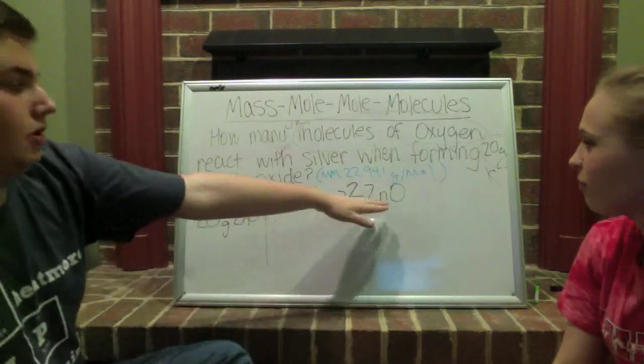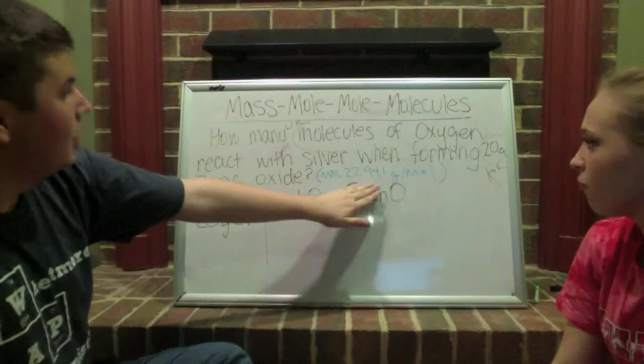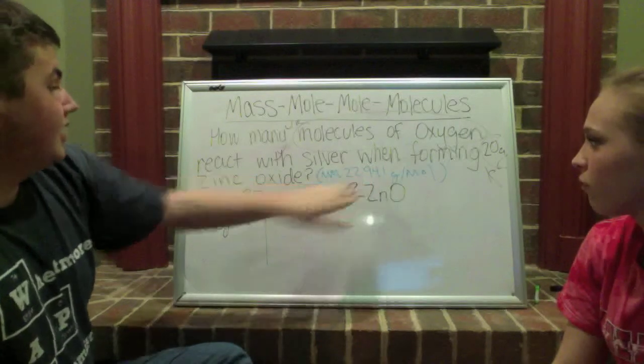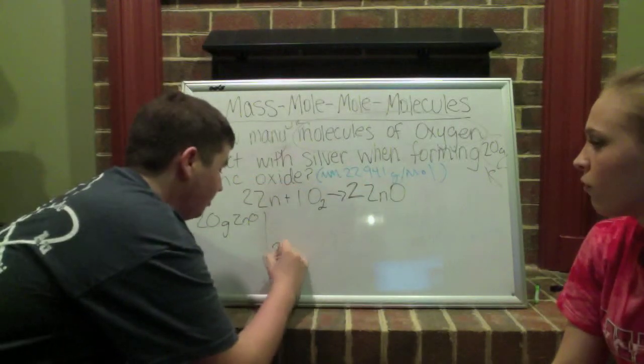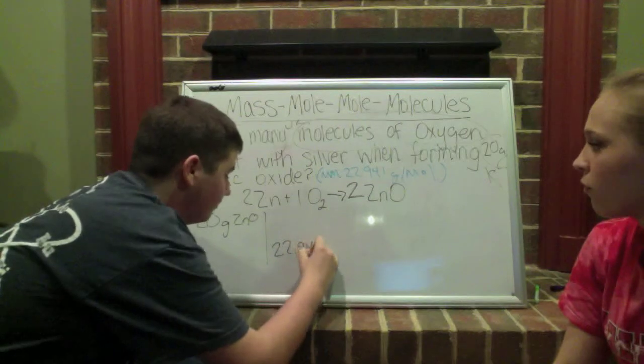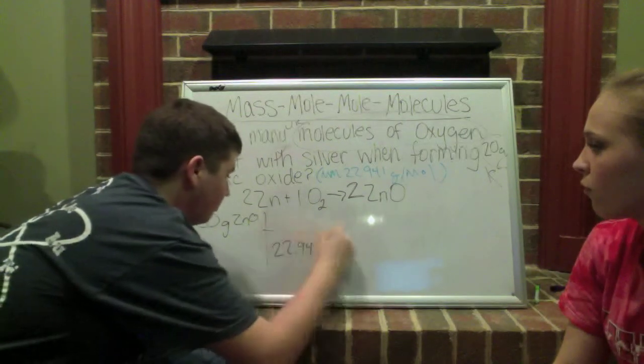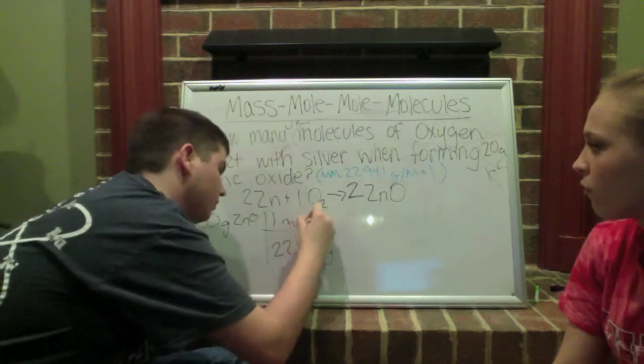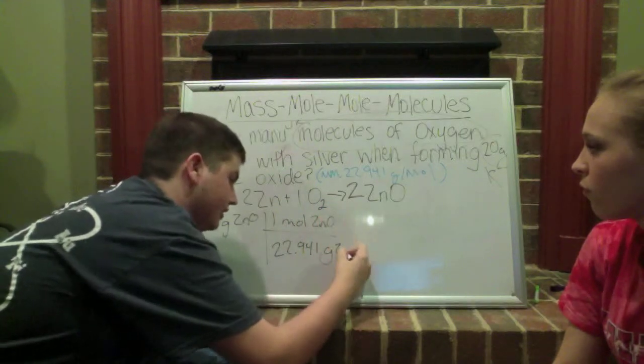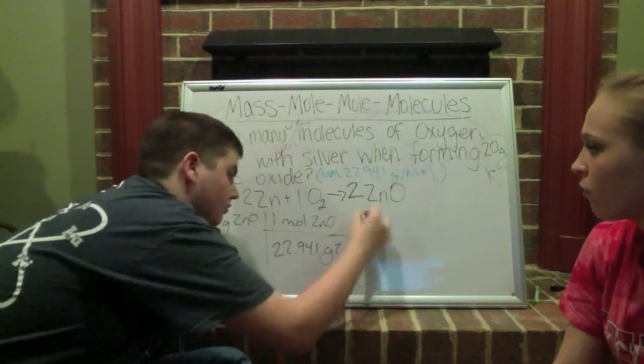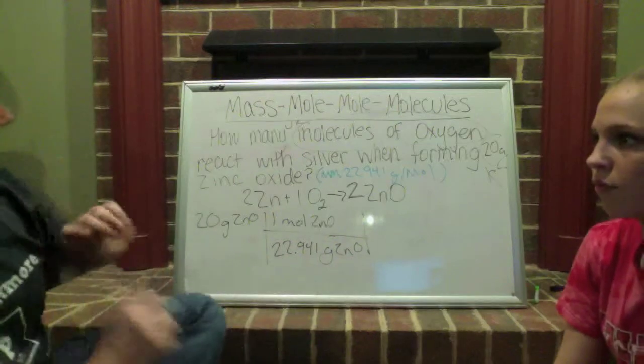I've written for you the molar mass, and it'll be on your note sheets too. The molar mass of zinc oxide is 22.941 grams per mole. So 22.941 grams, 1 mole, and those are both zinc oxide. Don't forget your units, because when in doubt, make your units cancel.